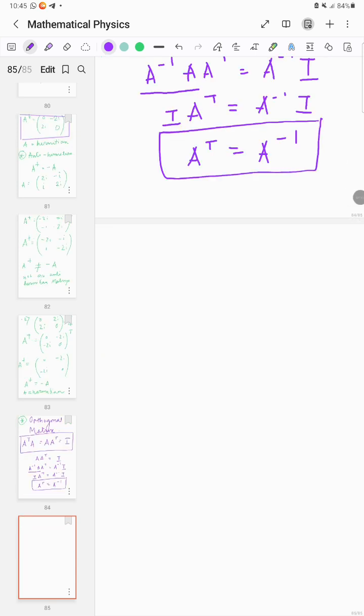Now comes another important division of matrix, which is the unitary matrix. Well, so what is a unitary matrix? For a real matrix, we check if it is a symmetric matrix, an antisymmetric matrix or an orthogonal matrix.